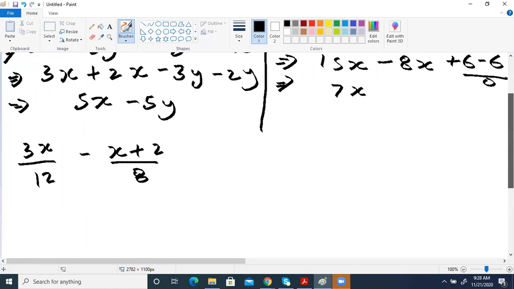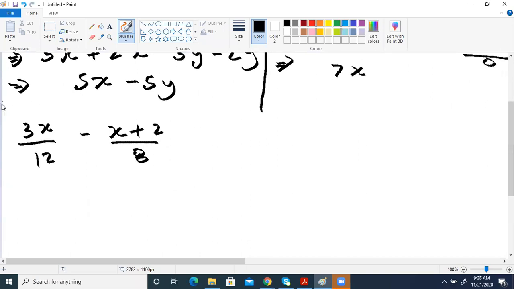So currently you have 3x over 12, and you have this x plus 2 over 8. Usually with a fraction, you try and simplify that, and in order to simplify, you usually think about the LCM and things of that nature. So we can look into that first.